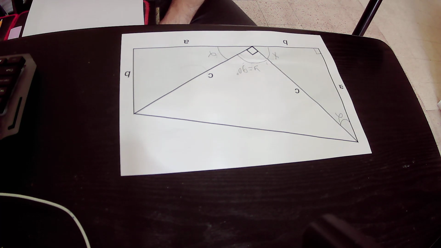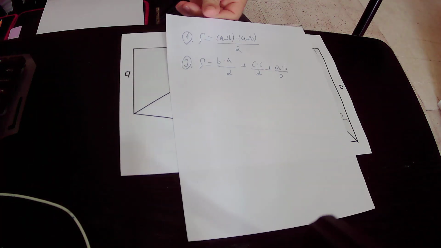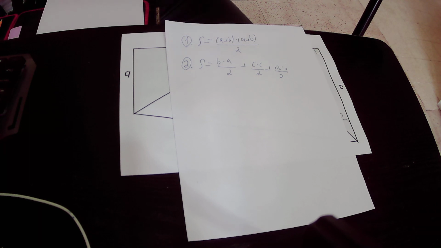So in total, the area of the trapeze is the sum of the areas of the three triangles that the trapeze is composed of. Or we can say that the area of the trapeze equals the area of the right triangle, that is B times C divided by 2, plus the area of the middle triangle, that is C times C divided by 2, plus the area of the left triangle, that is A times B divided by 2.